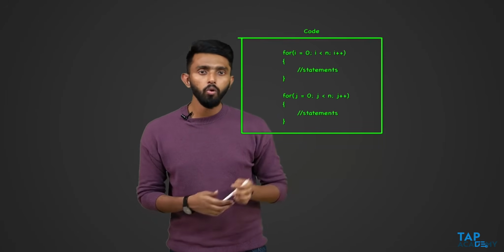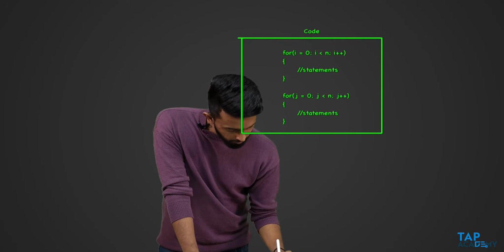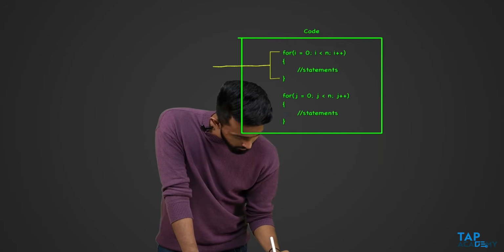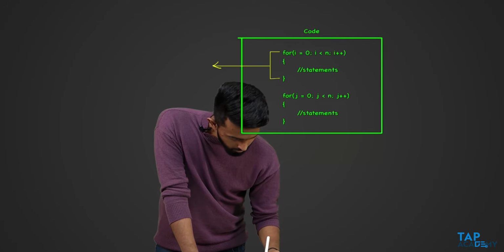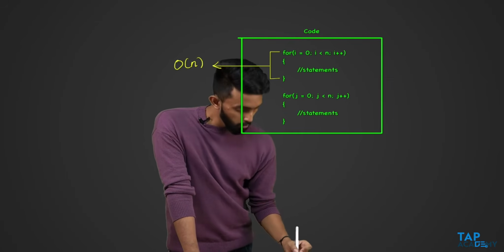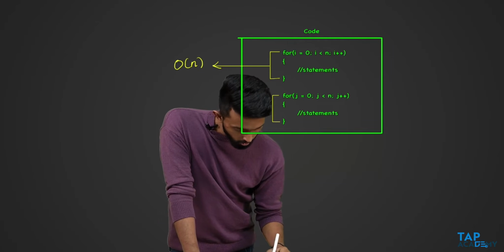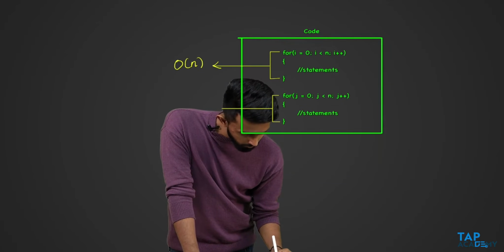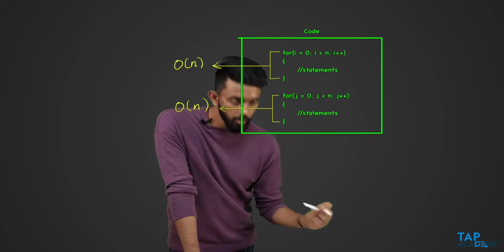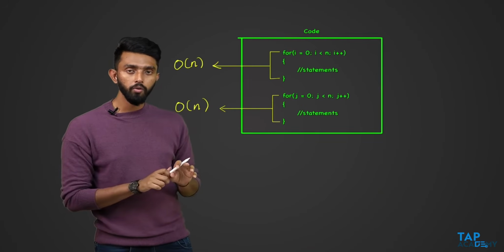We have already seen a code snippet like this, which means, wouldn't you agree, the time complexity of this code is nothing but big O of n. Wouldn't you agree that the time complexity of this code is also nothing but big O of n? So this is big O of n, this is big O of n.